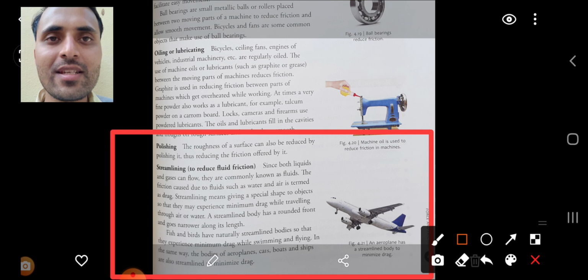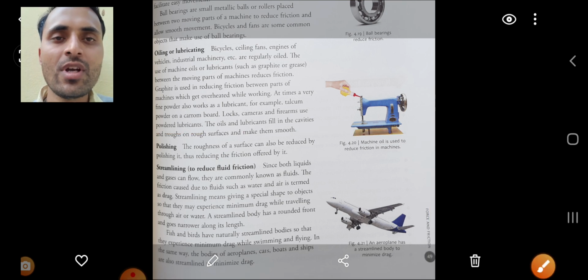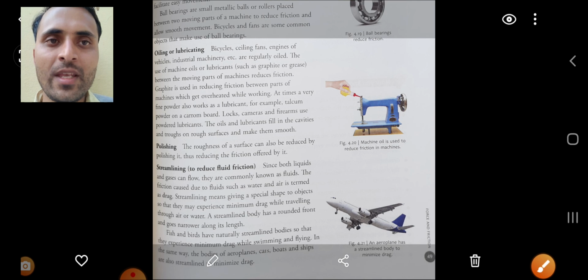So a special shape is given in order to reduce the drag, the force applied on the body of the aeroplane. That shape is the streamline or aerodynamic shape, which is used to reduce the fluid friction. In this way we have completed lesson number 4, force and friction.